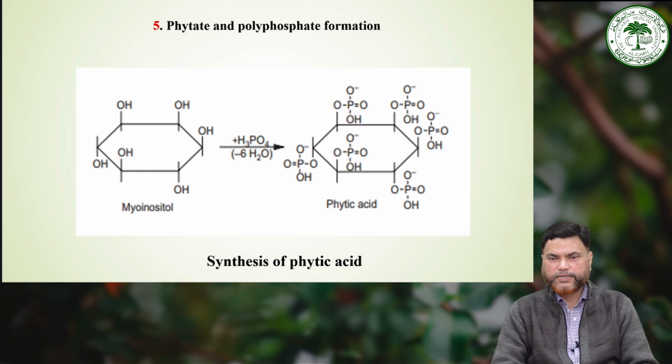So, with further increase in phosphorus supply, only inorganic phosphate serves as a major storage form of phosphorus in highly vacuolated tissue, which further increases. Therefore, plant can store phosphorus in two other major forms. One is phytate and inorganic polyphosphates.